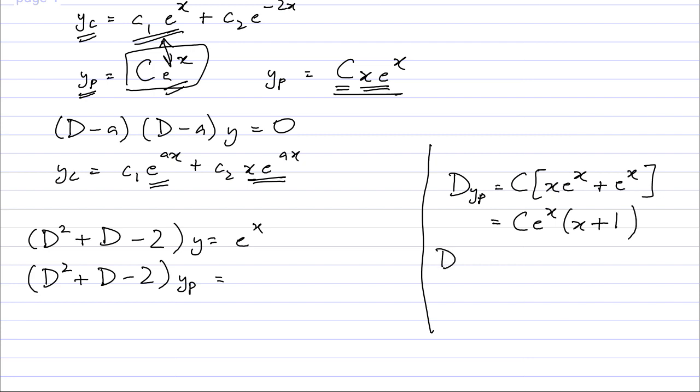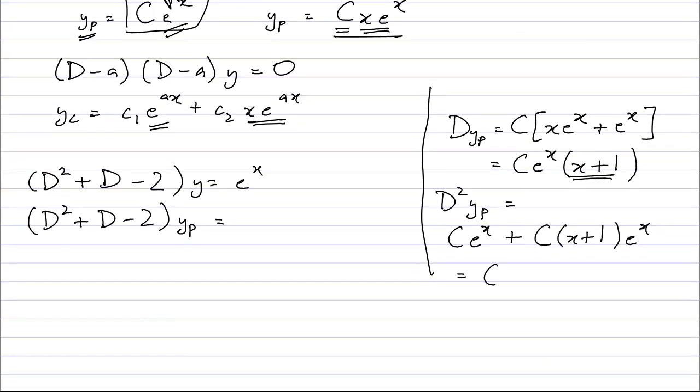Then D squared yp, you differentiate this once more. C goes outside, this goes outside, you differentiate this thing, that gives you 1, plus c goes outside, this goes outside, and differentiate e raised to power x, you get e raised to power x. So you're left with c e raised to power x, x plus 1.